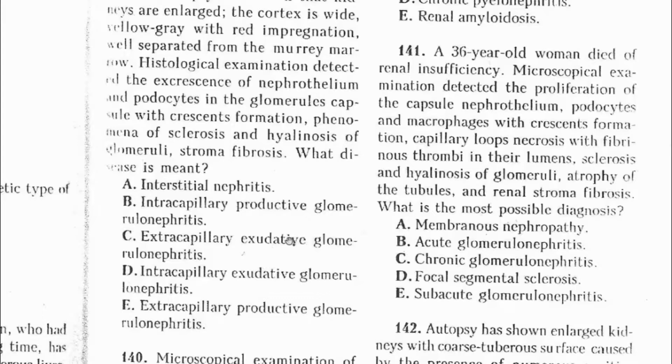Now, interstitial nephritis is a form of nephritis affecting the interstitium of the kidney surrounding the tubules. Glomerulonephritis, however, can be classified into the following. We have intra and extracapillary glomerulonephritis. That's according to topography.